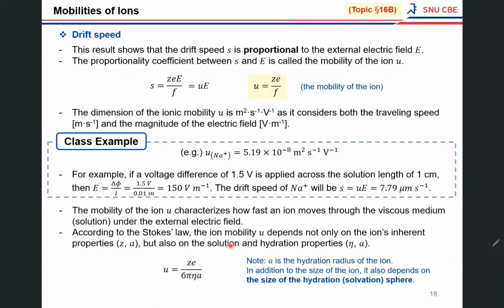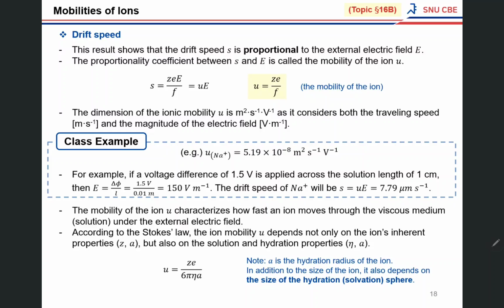If you combine the friction factor according to Stokes' law, then now you have the relation between the mobility of the ion and the effective size of the ion inside this solution. Actually, the size a is the size of the hydration or solvation sphere.